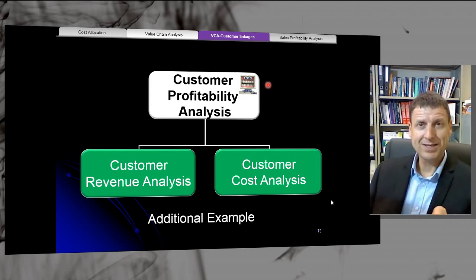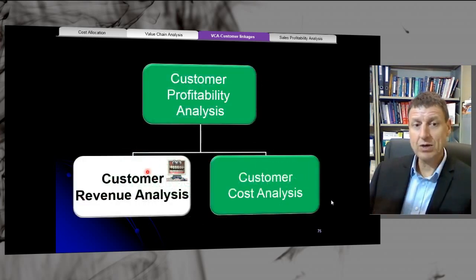And for most businesses, not all customers incur exactly the same amount of resources. And until you know the differences between the customers, you will not be in a position to actually start to manage your customers in terms of the ones that are profitable and the ones that are not profitable. Let's have a look at this example.